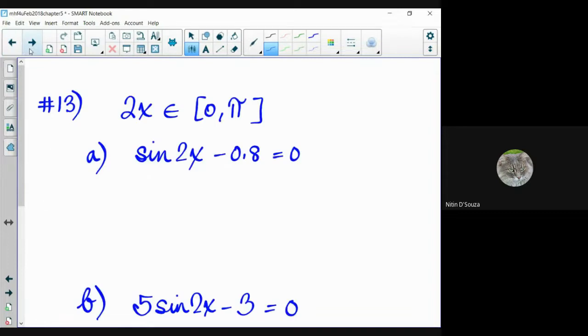Okay. So 13a says sine 2x minus 0.8 equals 0. So sine 2x equals 0.8.